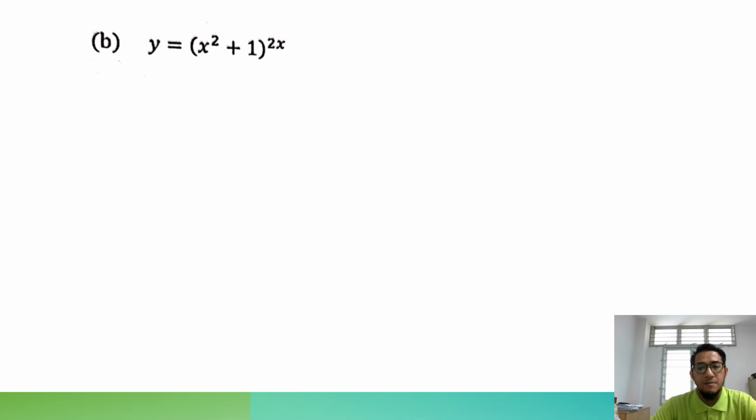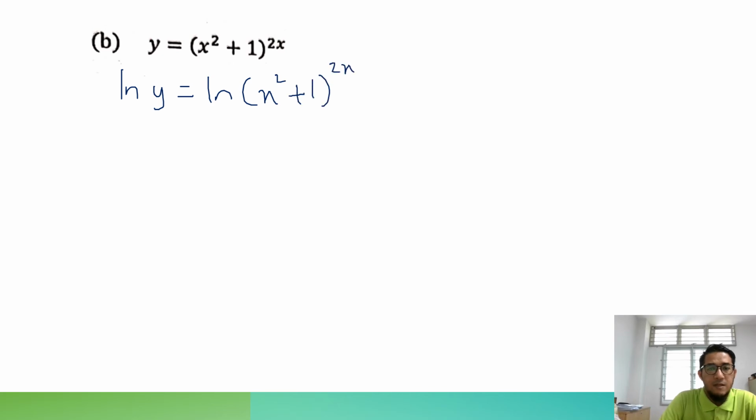Next, example B. Let's say we have y equals x squared plus 1 power of 2x. Again, as you can see here, both the base and the power are in terms of the variable. So first we take ln of both sides. Then we bring 2x to the front.